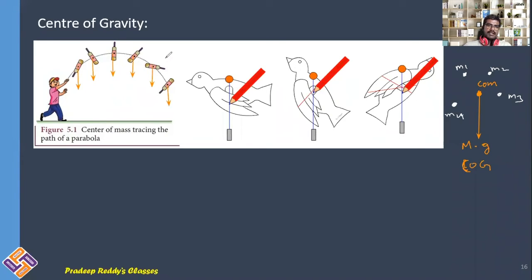This position is called center of mass, and upon that center of mass, whatever the gravitational force is acting, it is mg, and this is also mg, this is also mg. And this mass into acceleration due to gravity is said to be the center of gravity.